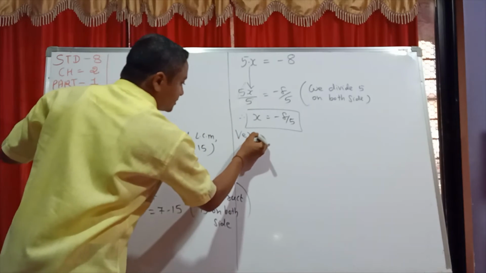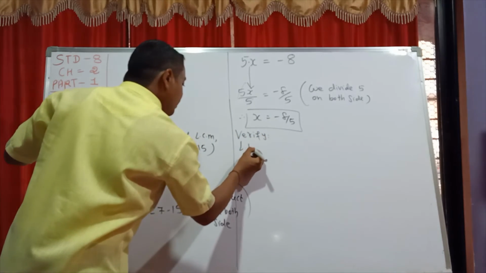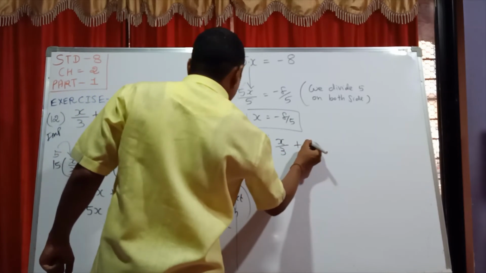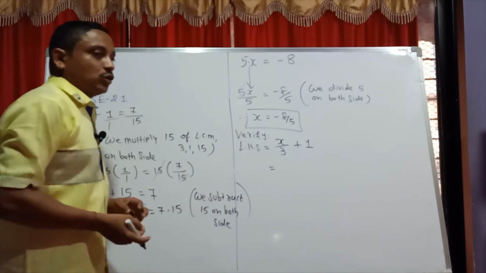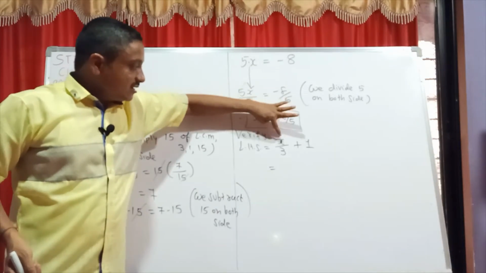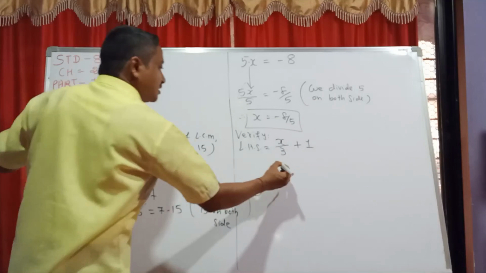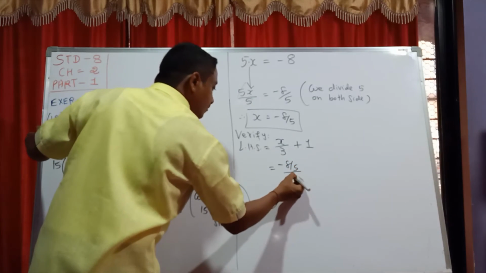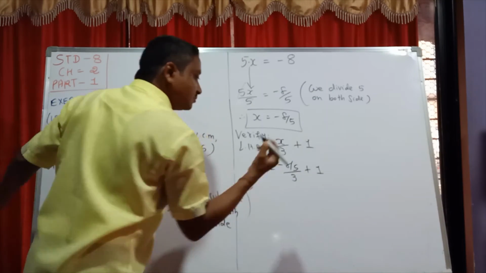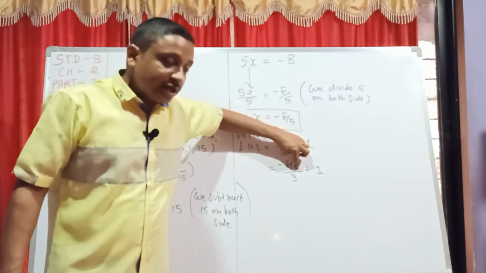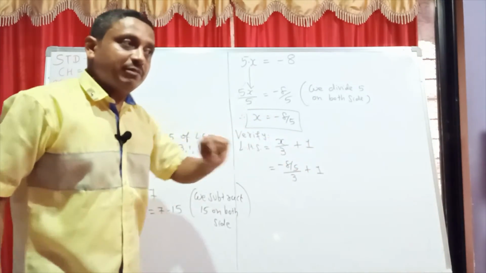Yes students, verification. In the verification, our LHS is x by 3 plus 1. You only put minus 8 by 5 in x's place and try to calculate further. So it is minus 8 by 5 by 3 plus 1. Now students, check the numerator and denominator, and this 3 in the denominator is multiplied with 5.